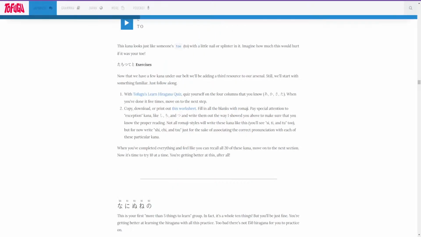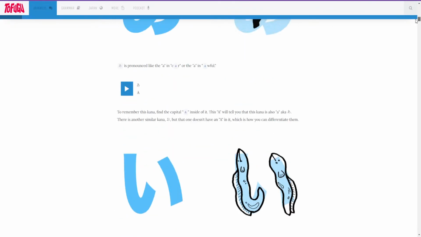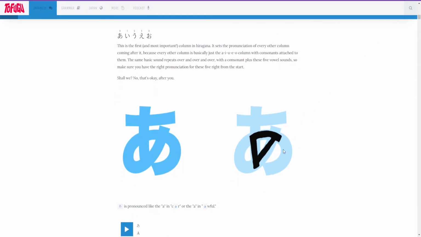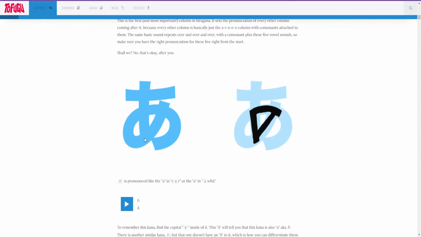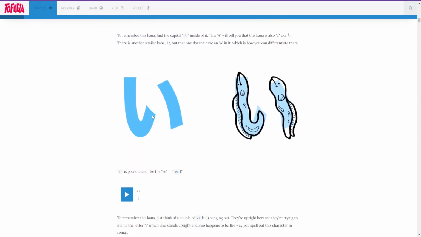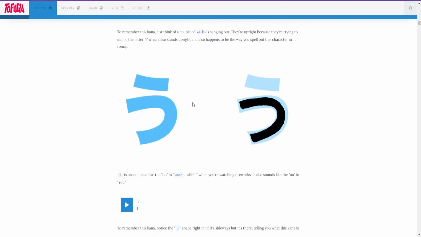Alright. So just a quick recap. We're going to go over everything super duper fast, and then we'll finish off learning the ha column. We have the first 5 vowels, which make up all of hiragana just about. We have a, letter A. We have I, pronounced E, like eel, and it looks like 2 little eels swimming along.